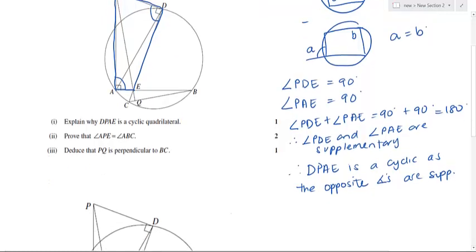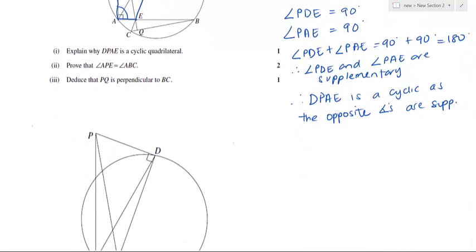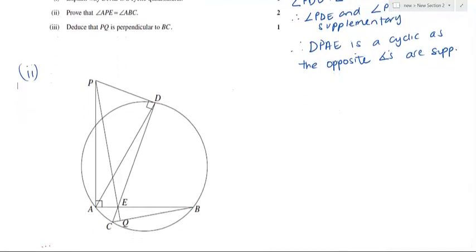Okay, so moving on to the next question. I copied and pasted the diagram again so that we can draw on it. The second question is prove that angle APE, this angle here, is equal to ABC, this angle there. We can't do much with those two angles at the moment because they're not even part of the same circle.